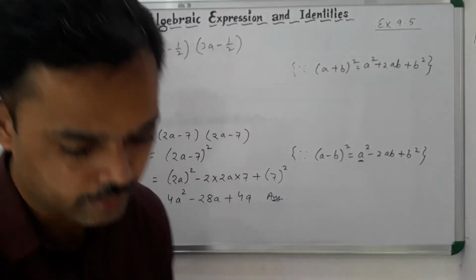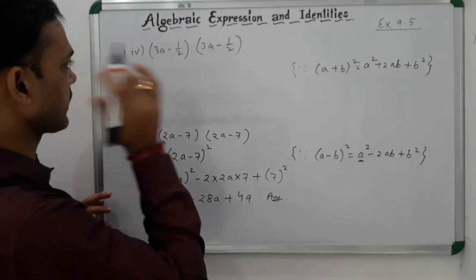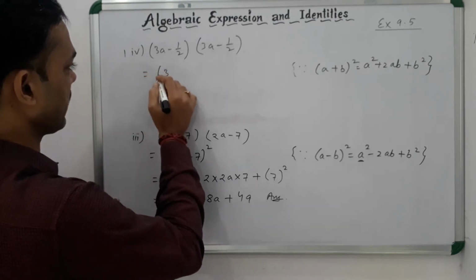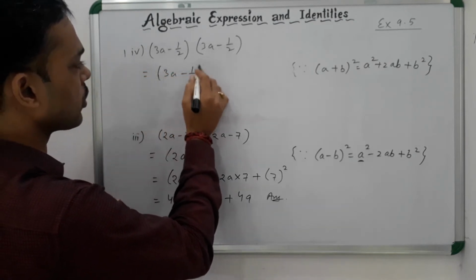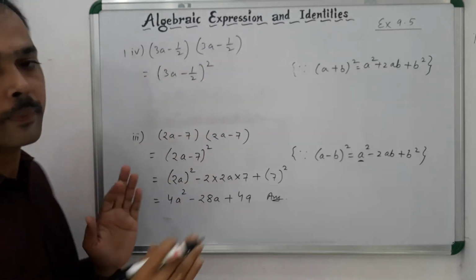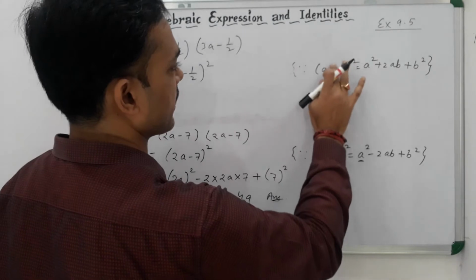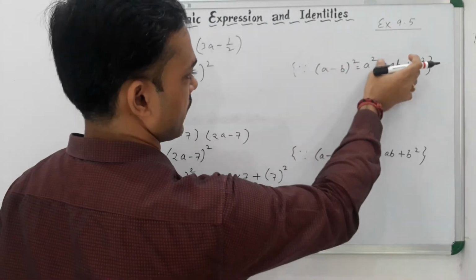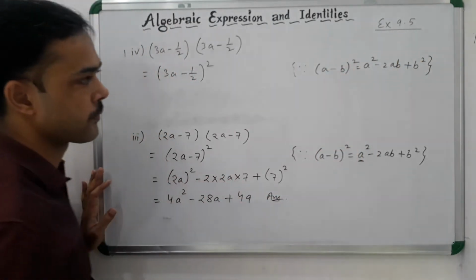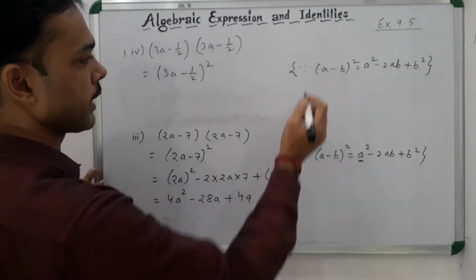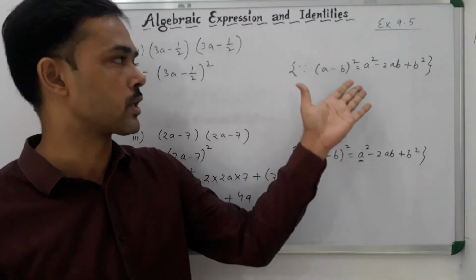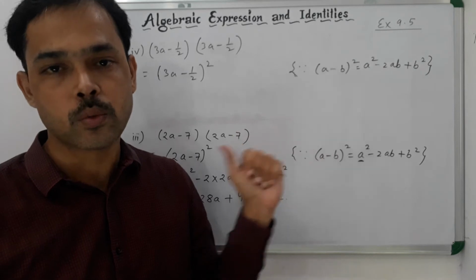Now when it is written so, it means that it is 3a minus 1 by 2 whole square, because it is getting multiplied 2 times. Now this is your second identity, which is a minus b whole square, and you people know that a minus b whole square is equal to a square minus 2ab plus b square.